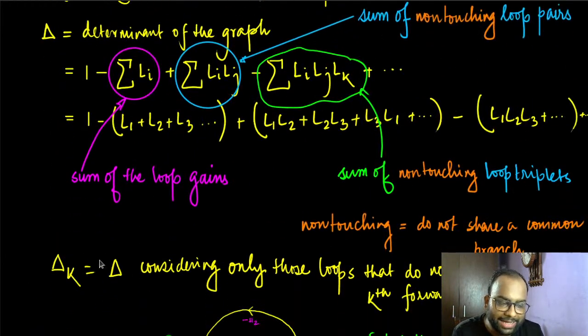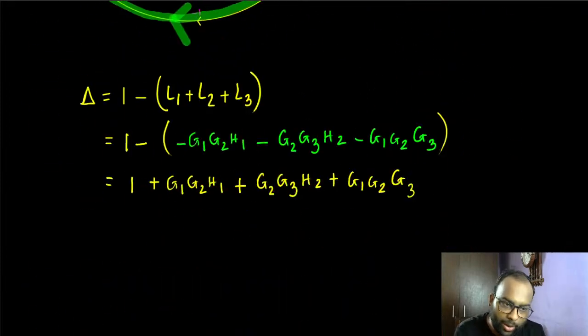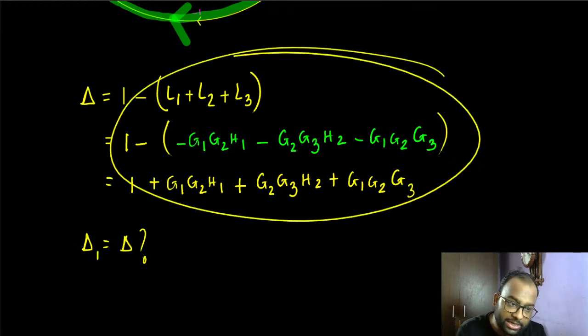Delta 1 would be equal to delta, but in this calculation we can only consider those loops which do not share a common branch with the first forward path.